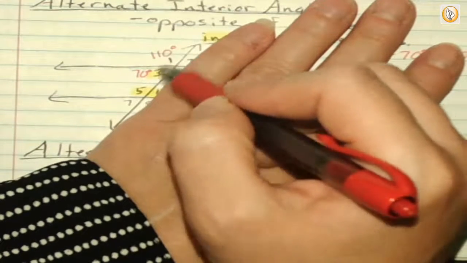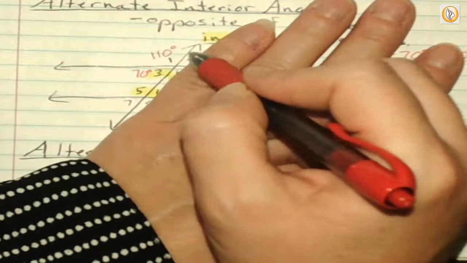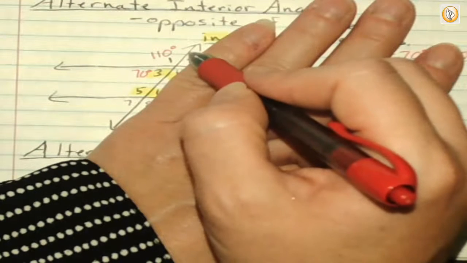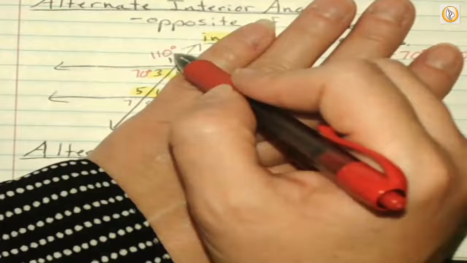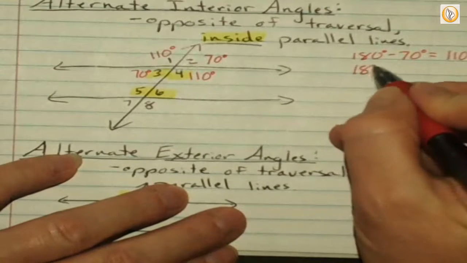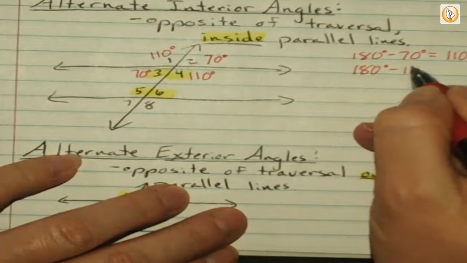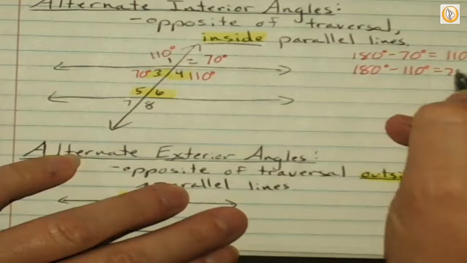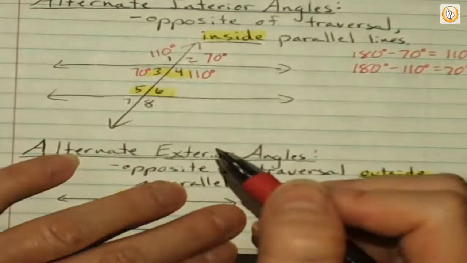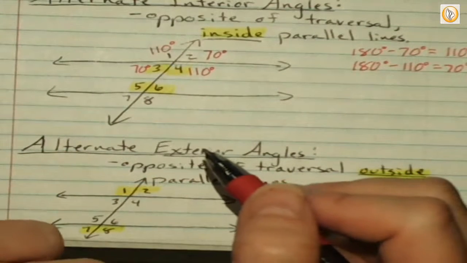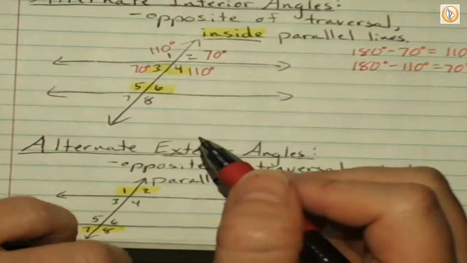So they equal 180. If we know this is 110, then 180 minus 110 gives us 70. So angle 3 is 70.